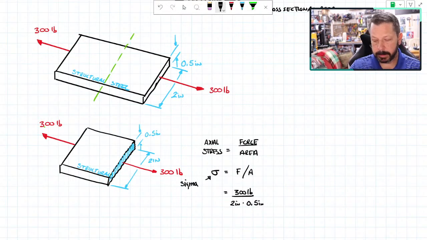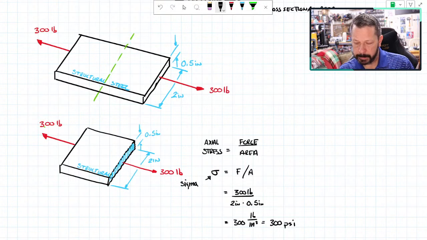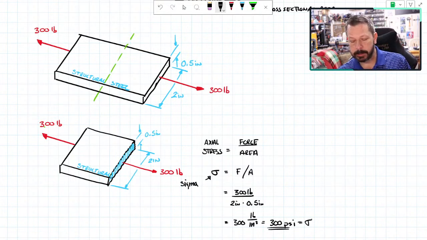So calculating that math, 300 pounds per inch squared, and a lot of times 300 PSI, pounds per inch squared. So now we know the axial stress is 300 PSI. We don't really know what that means, but we know that the number is 300 PSI.